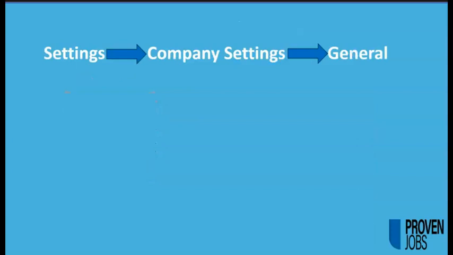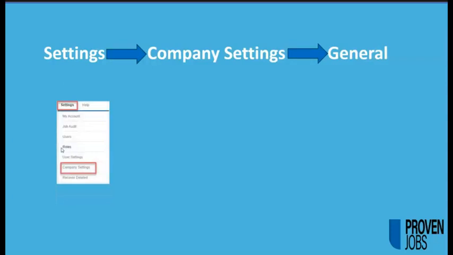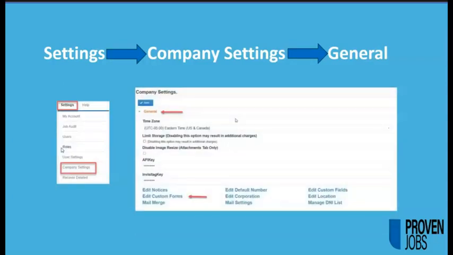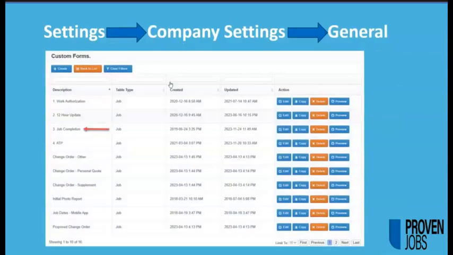To get to the Forms section in Company Settings, you will want to navigate to Settings, Company Settings, General, where you'll be able to preview your forms. Selecting Edit Custom Forms. In our session, we are going to review our job completion form.